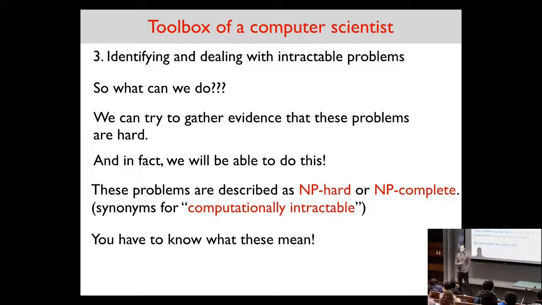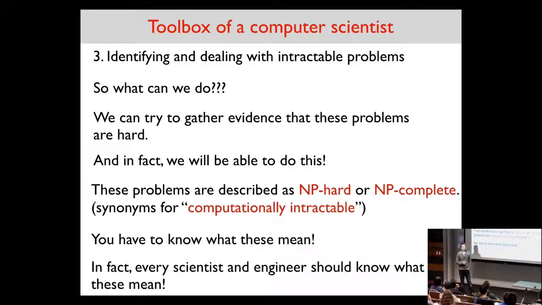If you want to call yourself a computer scientist, a programmer, or whatever, you have to always know these things and definitions. And in fact, not only you, but every scientist, every engineer should know these terms and what they mean. Because as we discussed in the first lecture, computation is basically everywhere.